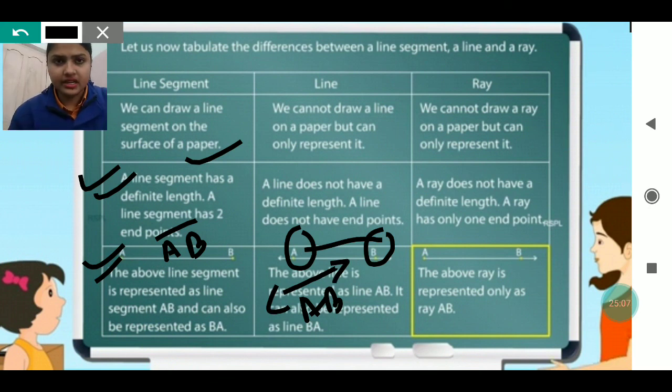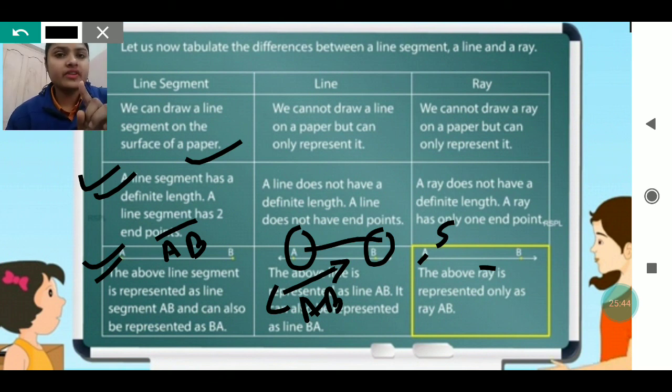Next, the above ray is represented only as AB. In a line you can represent in reverse also, like AB can be represented as BA. But in a ray, when we are talking about AB, if A is the starting point and it is extending to infinity, then you have to represent it as AB.